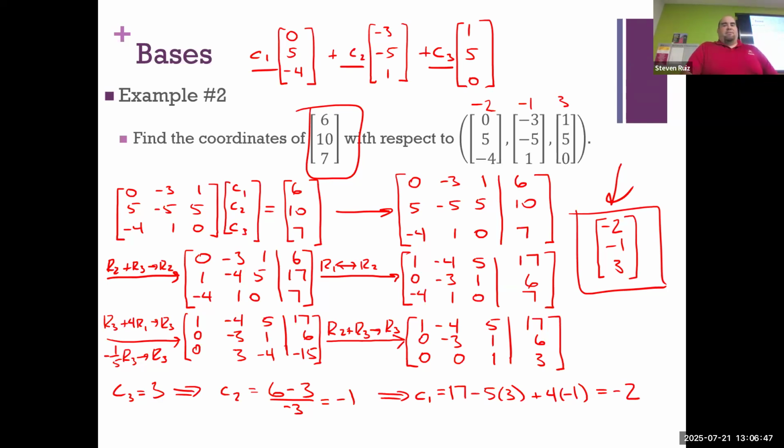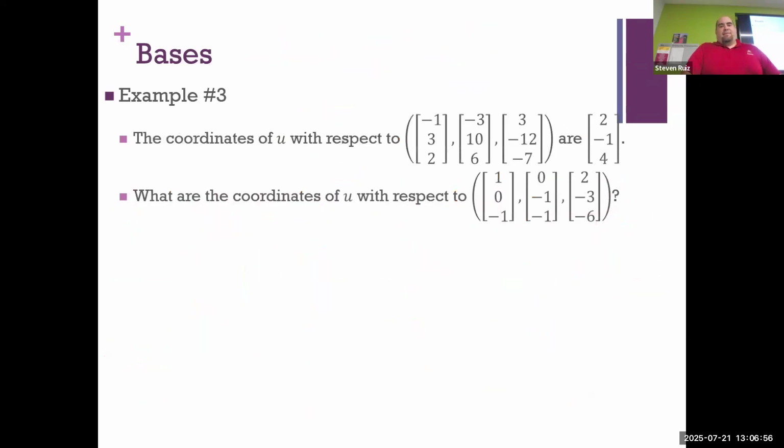So let's do this now. Instead of taking a vector that's given to you plainly, let's talk about how to go from one basis to another. I have this vector u, but this vector u isn't purely (2, -1, 4).